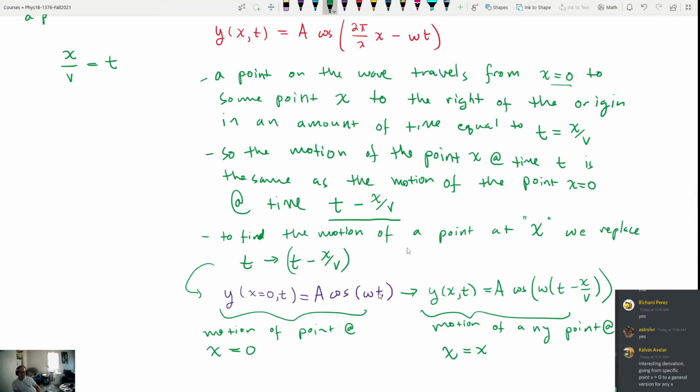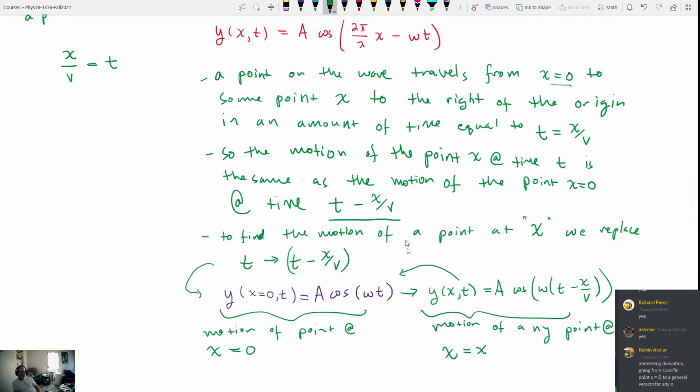But the claim is that by replacing the t with this, you're kind of generalizing what point you're talking about, right? Because obviously this equation reduces back to that equation when we plug in x equal to 0. You put x equal to 0 in here and you basically get a cos omega t again. So that's good. The question is, does this part make sense, right?